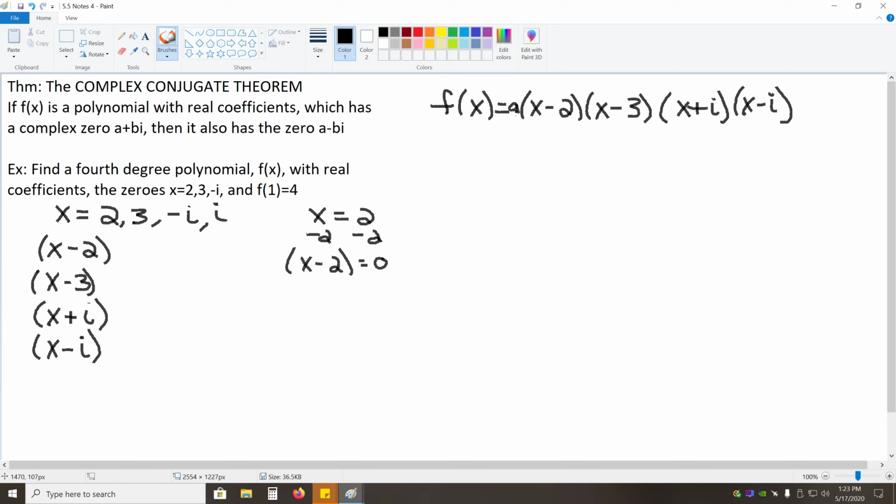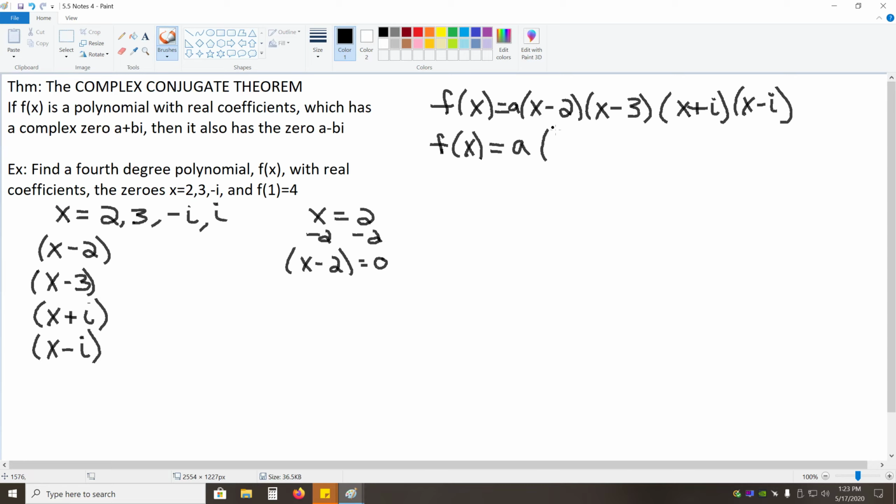We'll go ahead and fit an a in here to account for the fact that we don't know if all these factors are multiplied by a 5, for instance. So, multiplying this out, we have f of x equals a times x minus 2 times x minus 3.